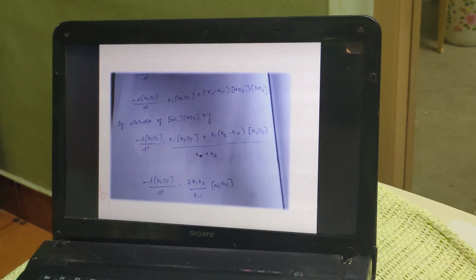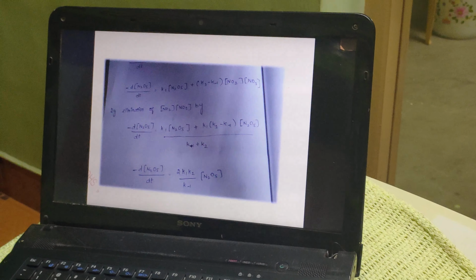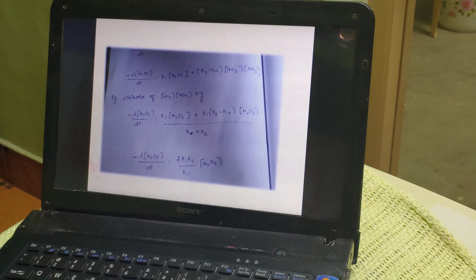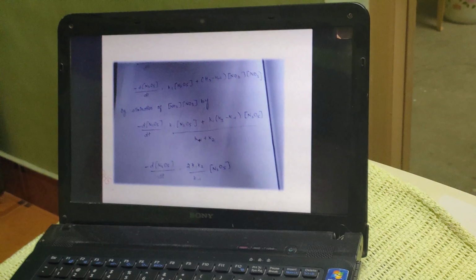The total rate of consumption of nitrogen pentoxide, with elimination of NO2 and NO3, gives minus d[N2O5]/dt equal to k1[N2O5] plus k1k2 minus k1[N2O5] divided by k-1 plus k2.